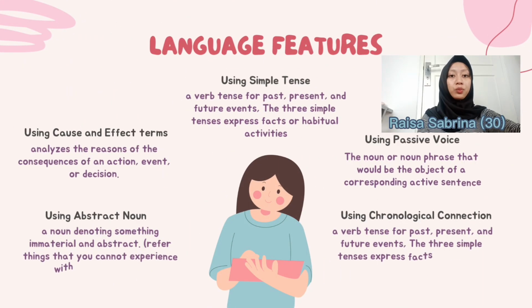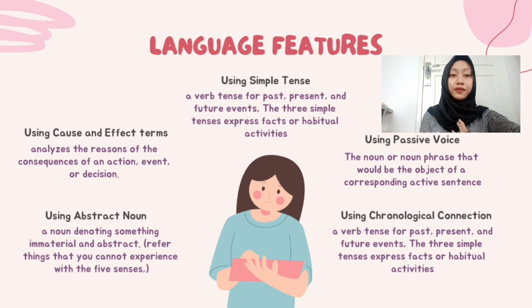Language features help readers and listeners understand what the writer or speaker desires to convey. Through language features, a writer can try to persuade the minds of the reader and influence them to make certain decisions. The first language feature of explanation text is using simple tense.